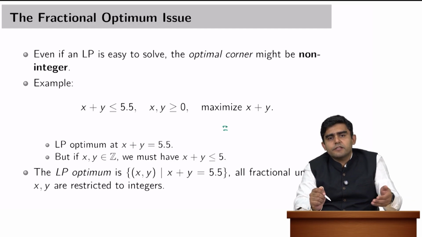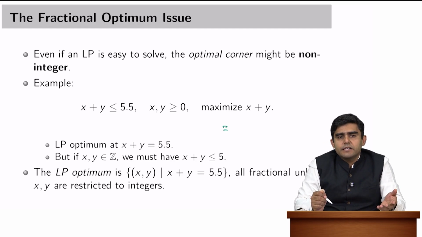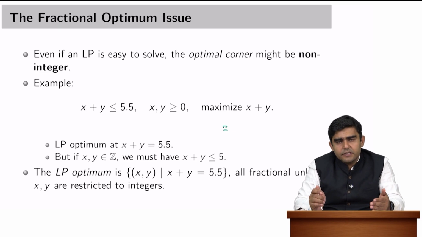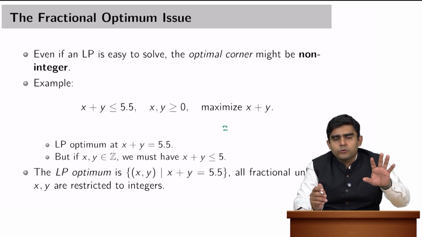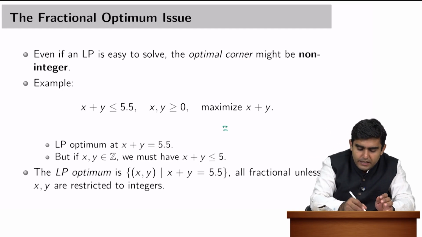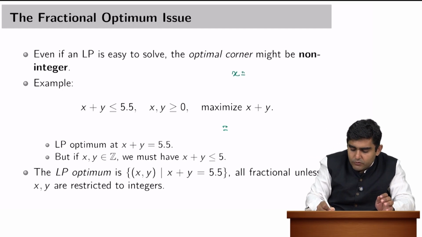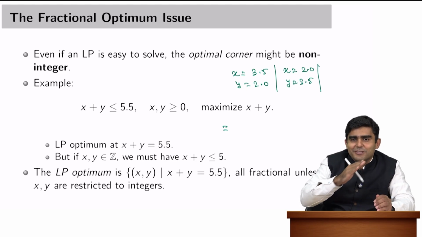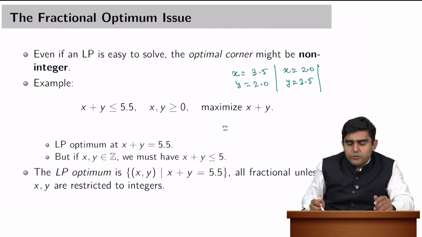Prima facie, this is such a straightforward problem that you would not even need simplex to solve this, but for the sake of consistency, let us say that we solve this entirely through one of the optimization methods, and at the end we find that x is equal to 3.5, y is equal to 2.0, or x equal to 2.0, y is equal to 3.5, or there are infinite solutions possible, as you can imagine, because this is along the straight line and whatever values are less than that are part of the feasible solution.